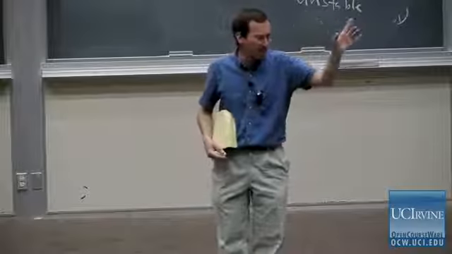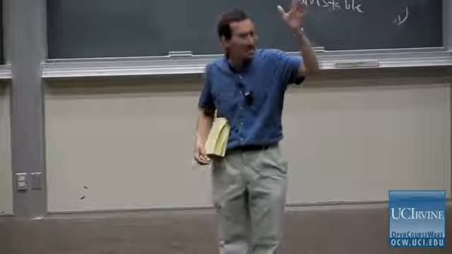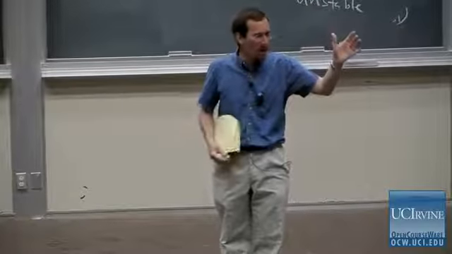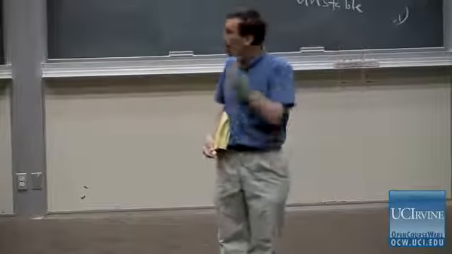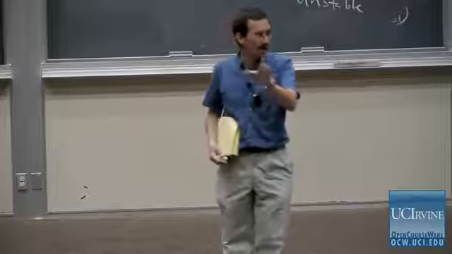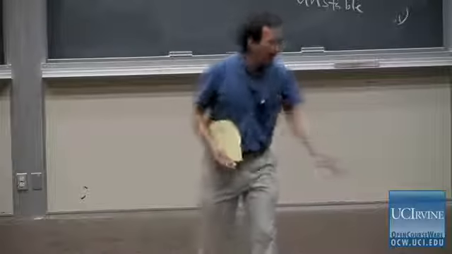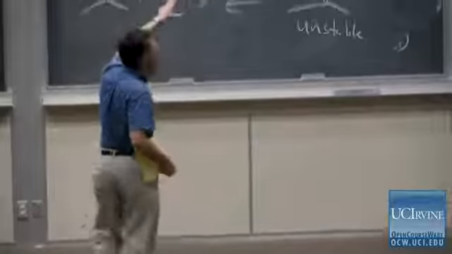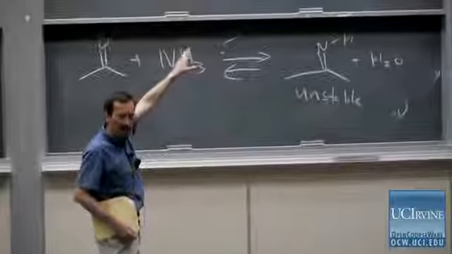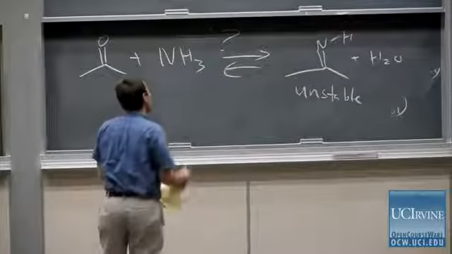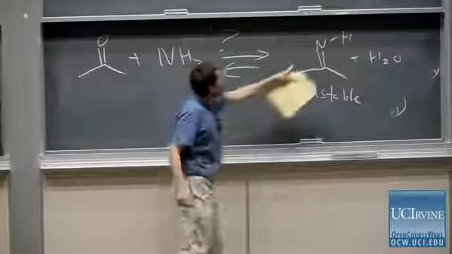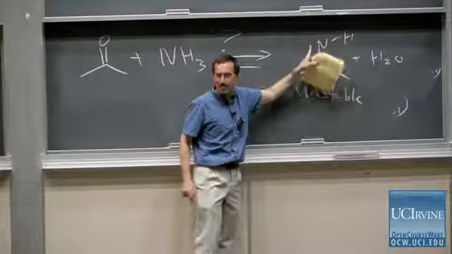The aminocarbinol, the hemiaminal intermediate, in general, you can't put in a bottle, although I can give you examples where you can. In general, you can put an aldimine or a ketimine in a bottle. I showed you two at the start. In general, you can't put this one in a bottle.